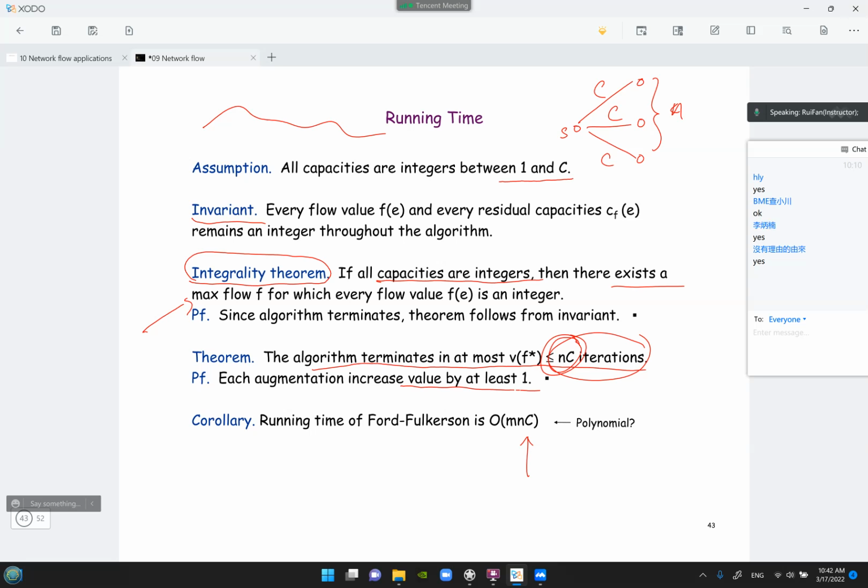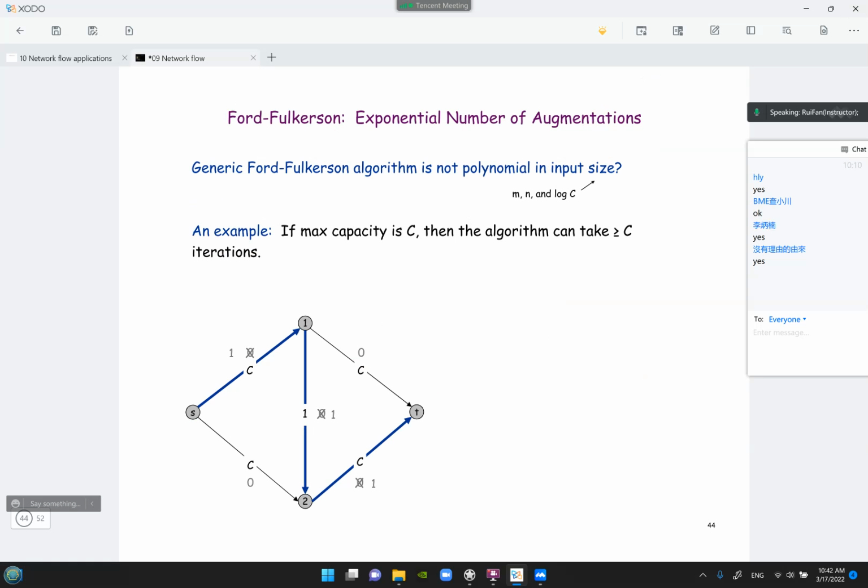If c is a 64-bit number, I don't even know what 2 to the 64th is, it's some humongous number. In that case, if you have a graph where the capacities are 64-bit numbers, then the running time of Ford-Fulkerson would be humongous. So the basic problem is that Ford-Fulkerson might not be efficient.